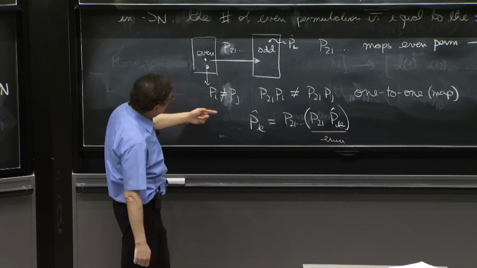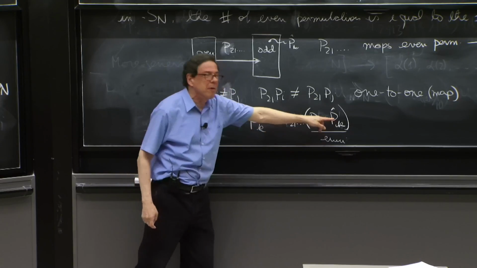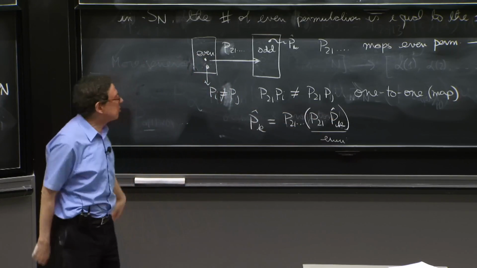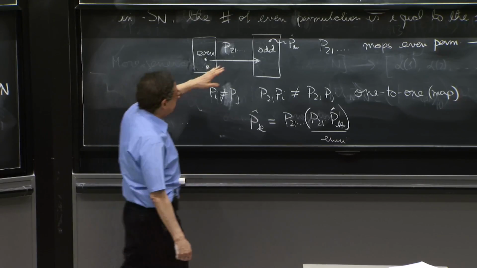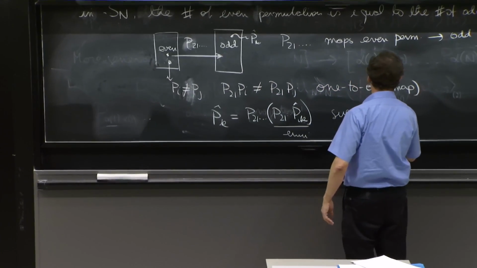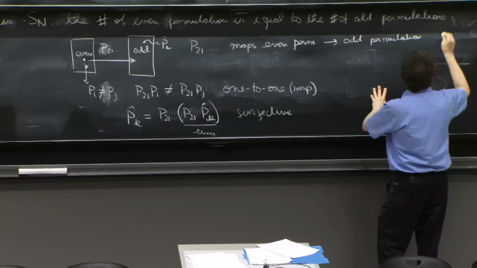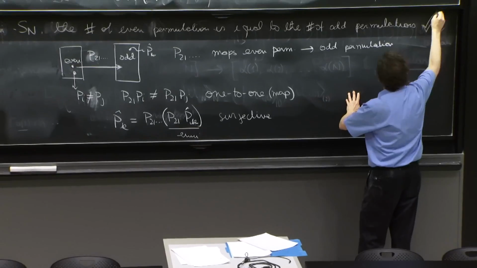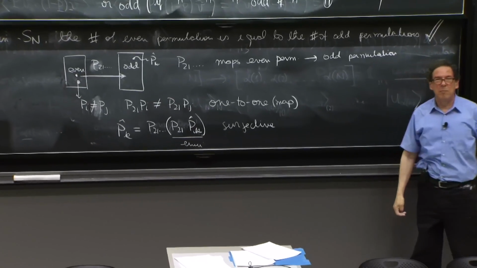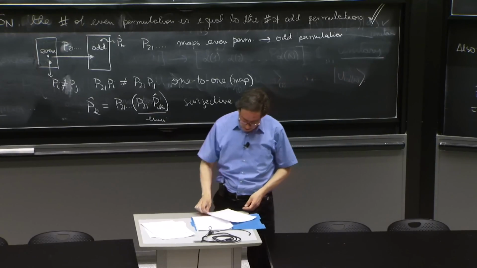And then you've shown that Pk is obtained by acting with P21 on some even permutation. So you reach. So the map is surjective. And therefore, these 2 things are the same. They're identical numbers of even and odd permutations. A very nice fact about these groups.